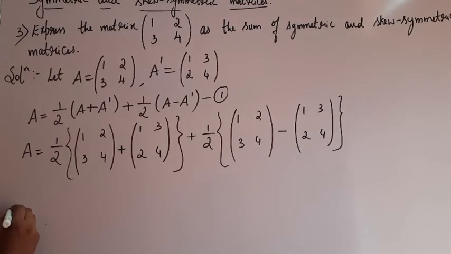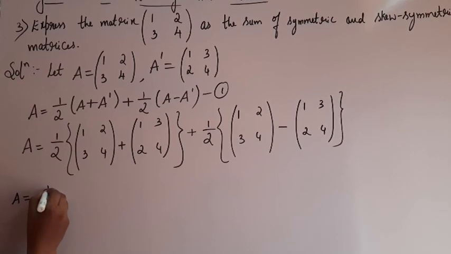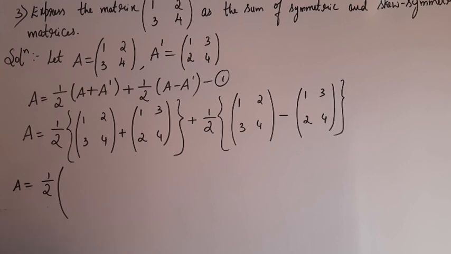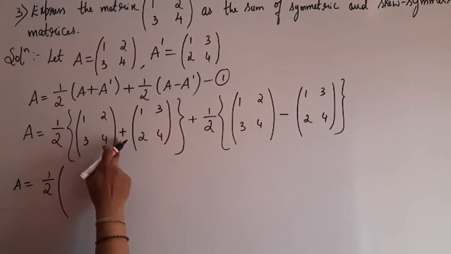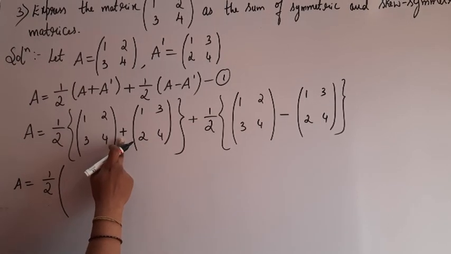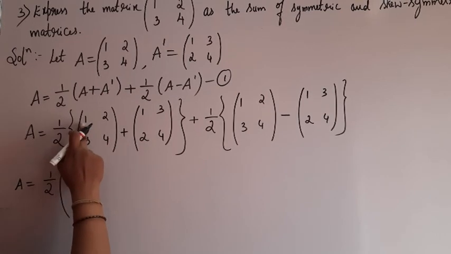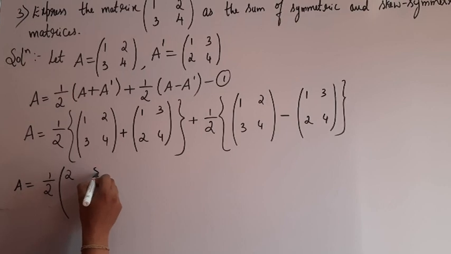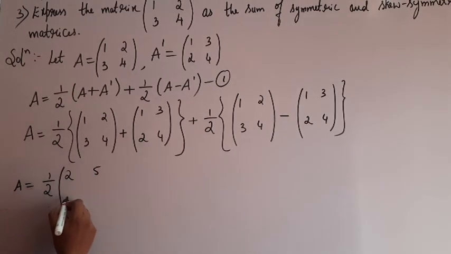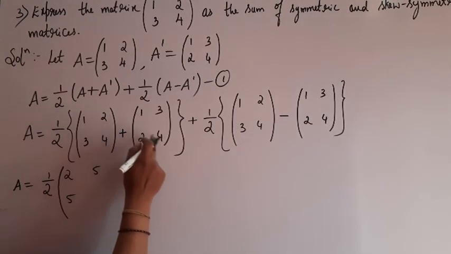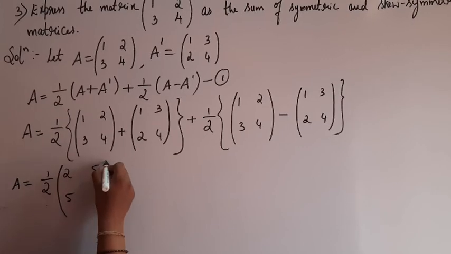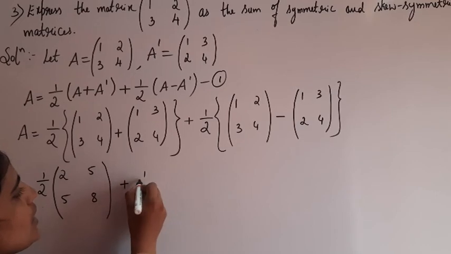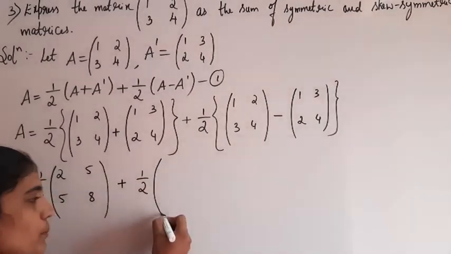Okay. So matrix A equals, let us simplify, 1 by 2 into matrix. Here in between these two matrices there is a plus sign. Let us add their corresponding elements. So 1 plus 1 is 2, 2 plus 3 is 5, 3 plus 2 is 5, 4 plus 4 is 8. Okay. So next is plus 1 by 2 into matrix.